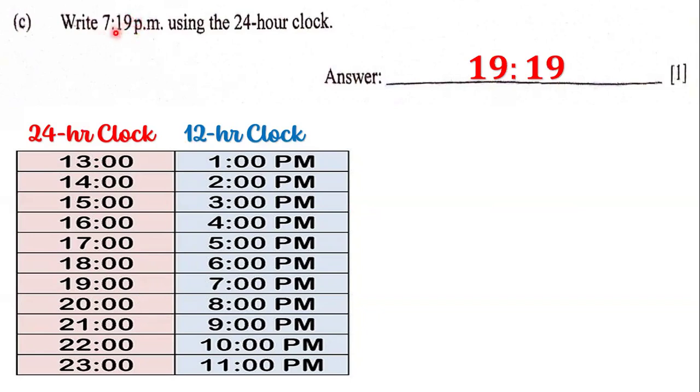So if we were trying to write 7:19, that's going to be 19:19 in the 24-hour clock. And so that's the correct answer here.